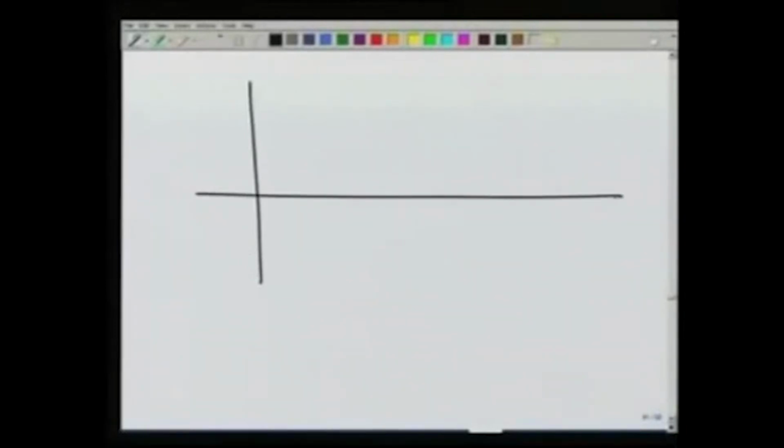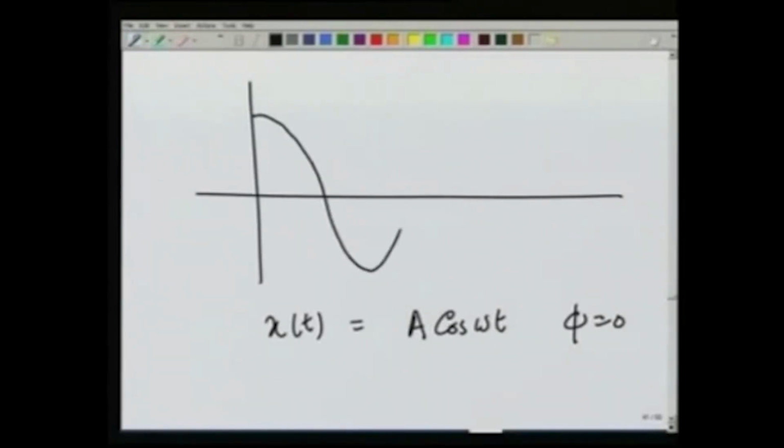Let us see it graphically. If I were to plot x(t), let us take the case of a simple motion where phi is taken to be 0, then x(t) would look like this.